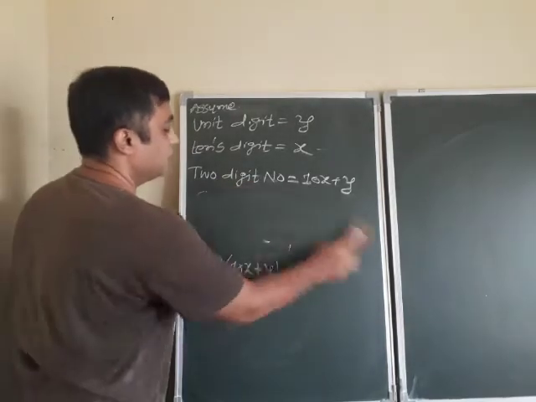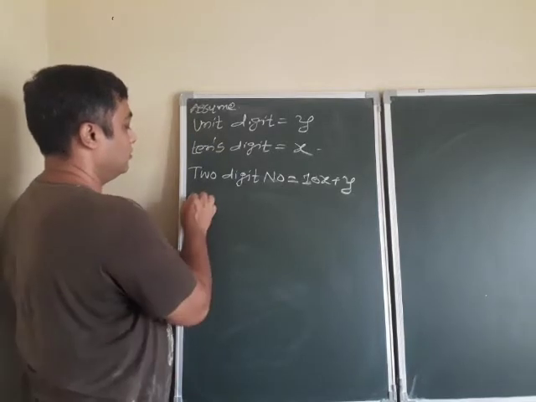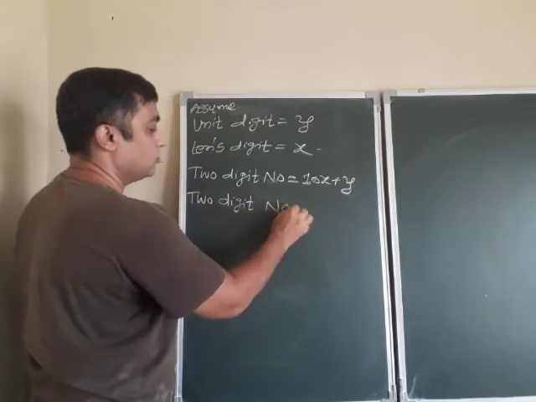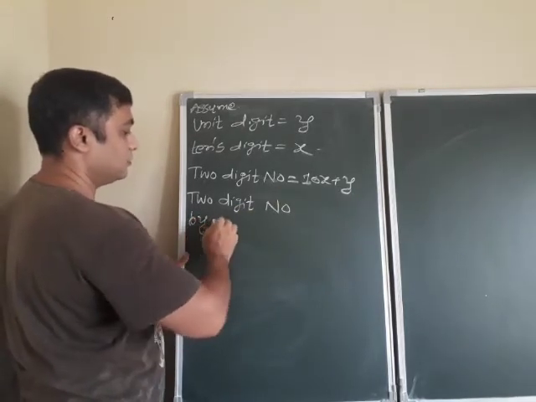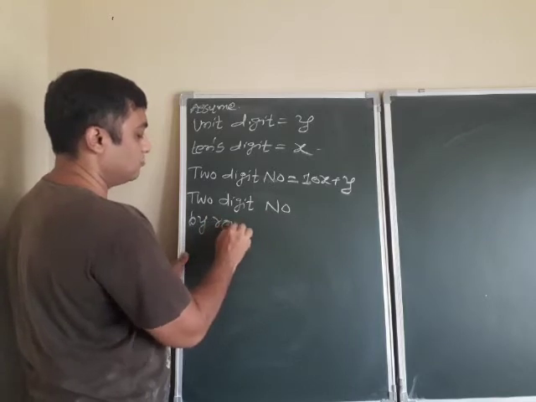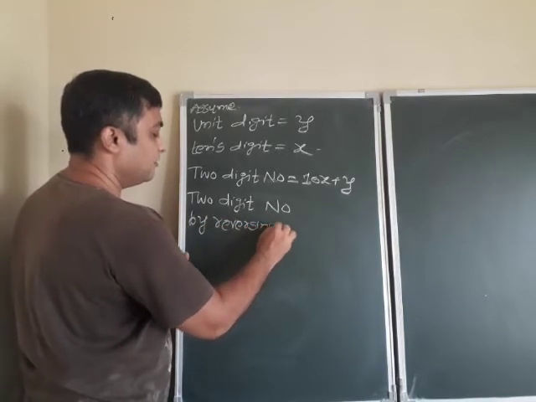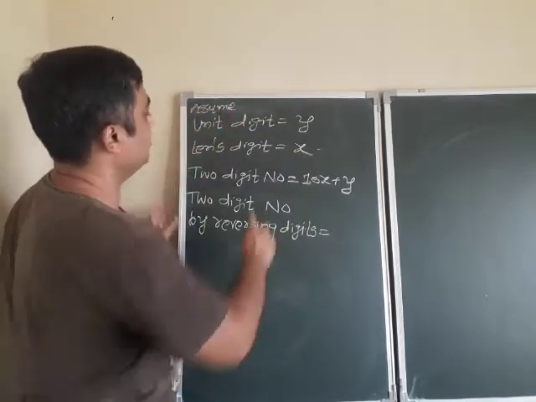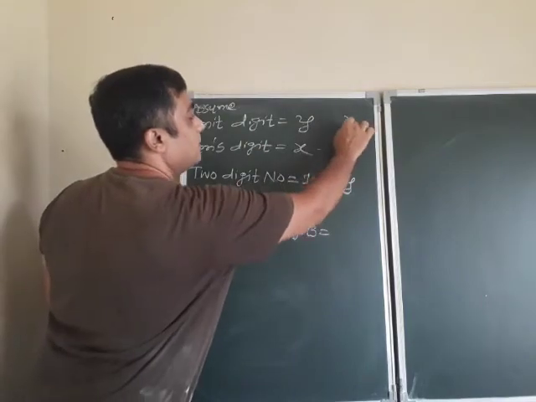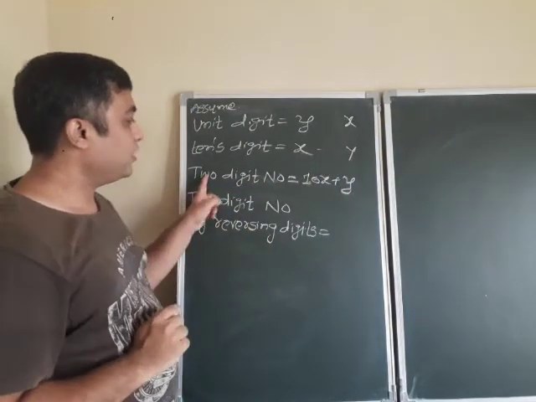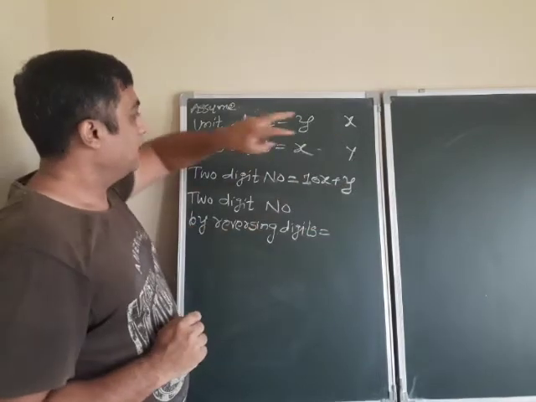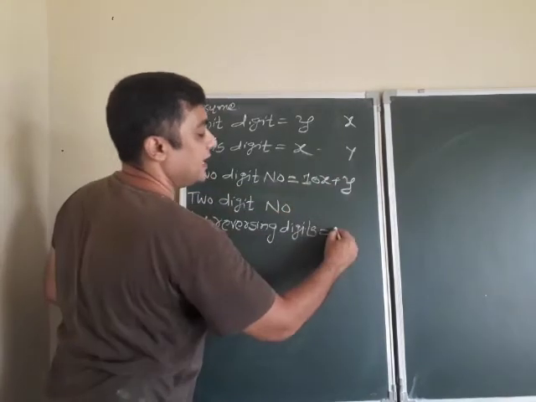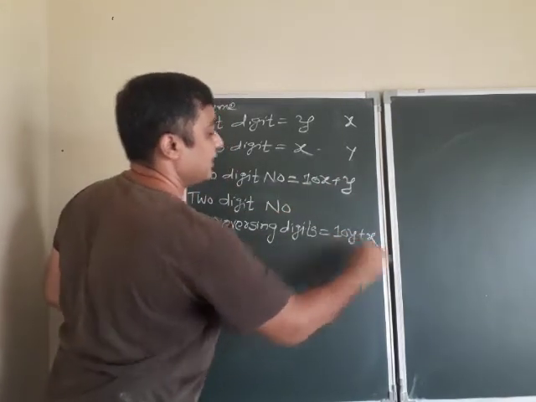This is a two-digit number, and the two-digit number by reversing the digits is equal to, if the digits are reversed, the tens digit becomes y and the unit digit becomes x. So the original two-digit number is 10x plus y, and the two-digit number by reversing the digits is 10y plus x.